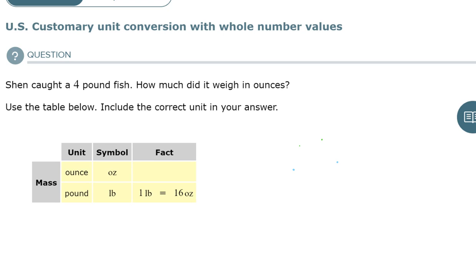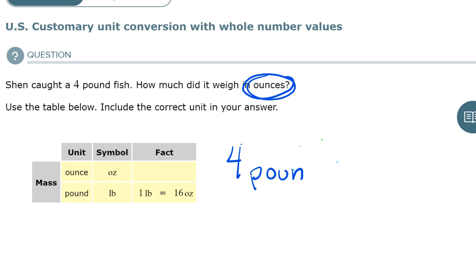So in order to convert between one set of measurements to the other, we need to know what is called a conversion factor. So we know that 1 pound and 16 ounces are the exact same thing. So my goal is I'm wanting to end with ounces. What I'm starting with is 4 pounds.